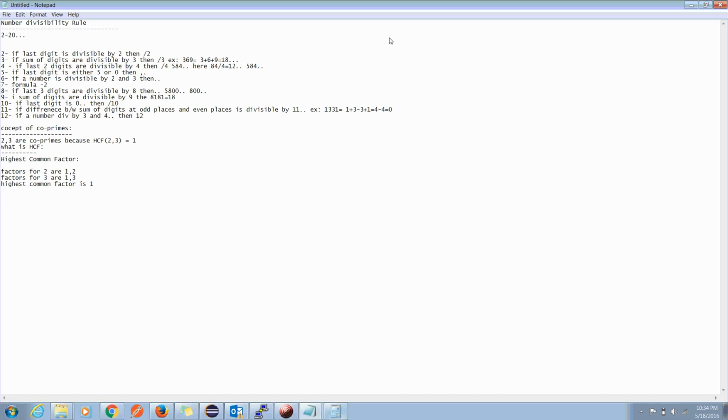Similarly, let's explain the divisibility rule for 12. What are the factors for 12? 1, 2, 3, 6, 12. Sorry, it has 4 as well.